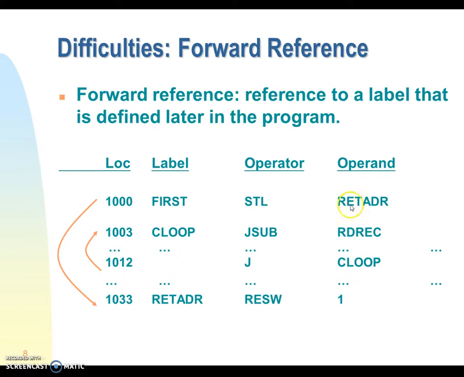This symbol appears at location 1033. So I call this a forward reference. It is forward referencing a label that is defined later in the program. This is called a backward reference. This statement is referring to a symbol which is defined earlier than it. This is a backward reference and this is a forward reference.